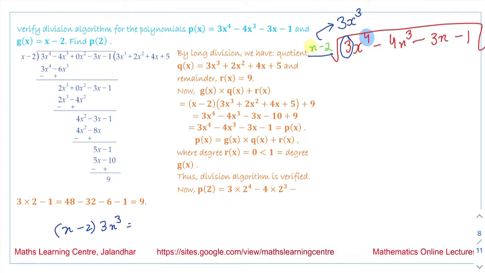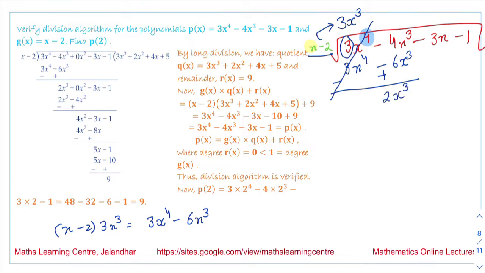The answer will be 3x raised to the power 4 minus 6x cube. We are writing over here 3x raised to the power 4 minus 6x cube, and then we subtract these terms. These two get cancelled out and we are left with 2x cube, and these come over here, minus 3x minus 1.